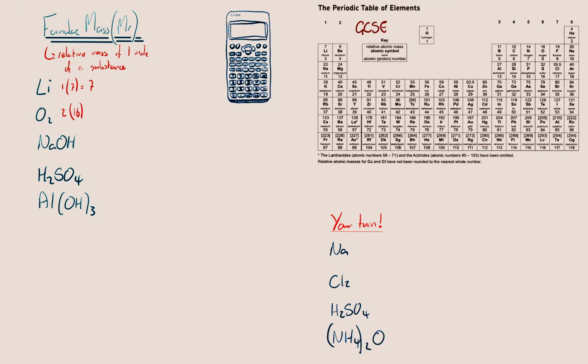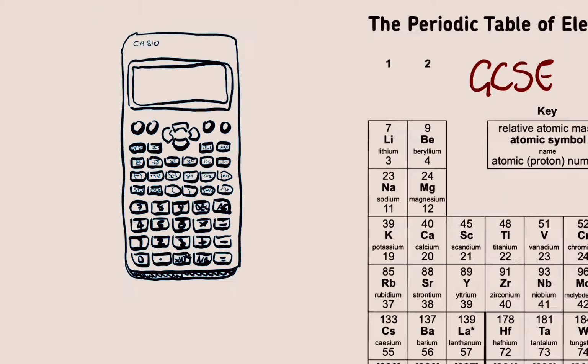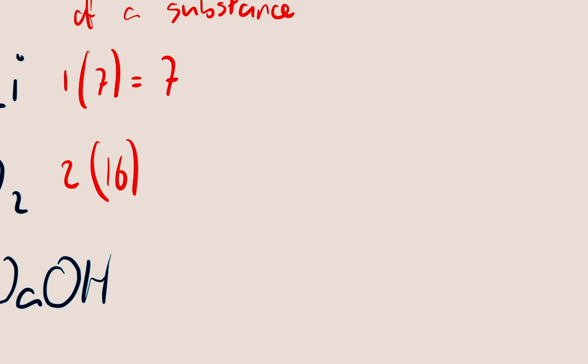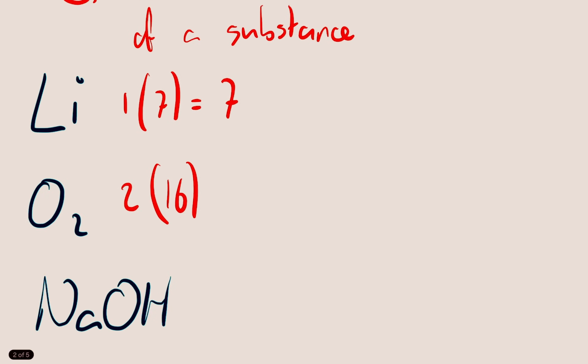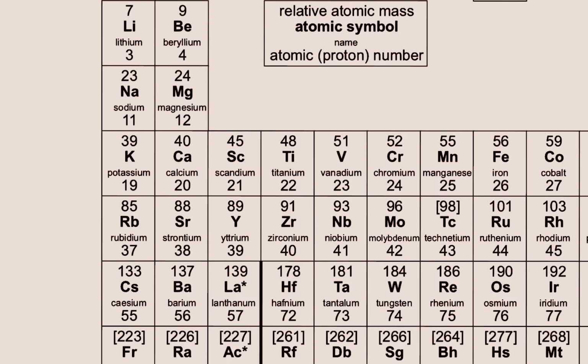And honestly, you're probably not using your calculator for this bit, but I would do 2, brackets, 16, close brackets, equals. I would use our brackets. I would write on my calculator exactly as we set it up here, okay? And that's clearly 32.